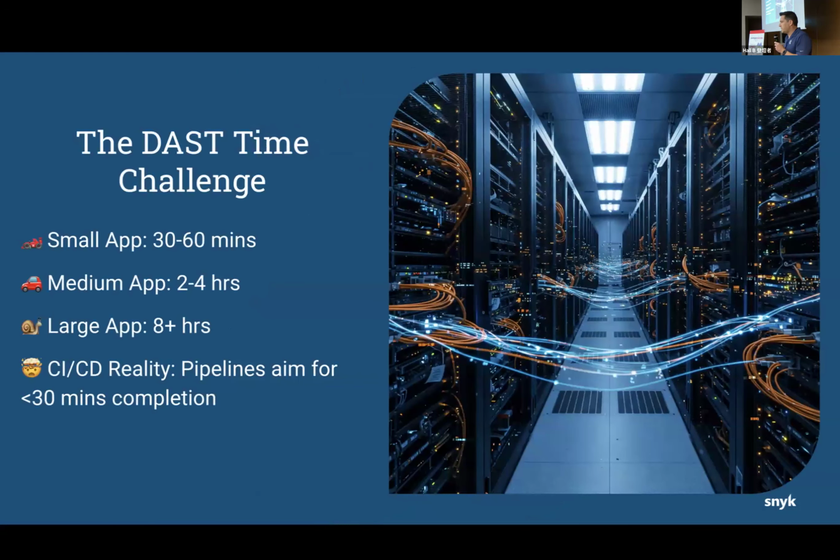So the challenge actually with DAST though is one on speed. It's very slow actually to run a DAST scan. If you've ever used DAST before, it may take several hours depending on how big the application is, right? A small app may take 30 to 60 minutes.